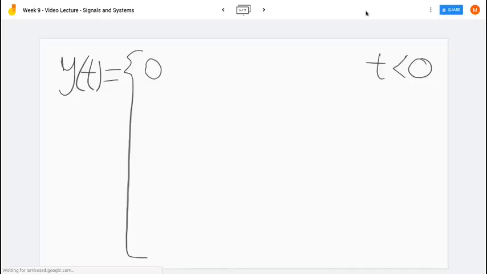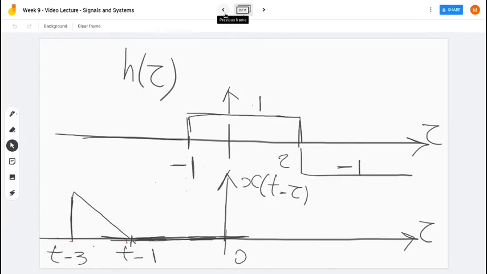So what about the next interval? If you go back over here, let's see if t minus 1 is larger than minus 1. So let's try to plot it over here. This would be the new t minus 1, and this edge over here would be the new t minus 3.